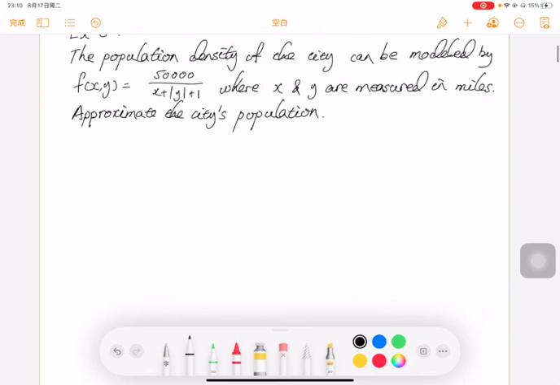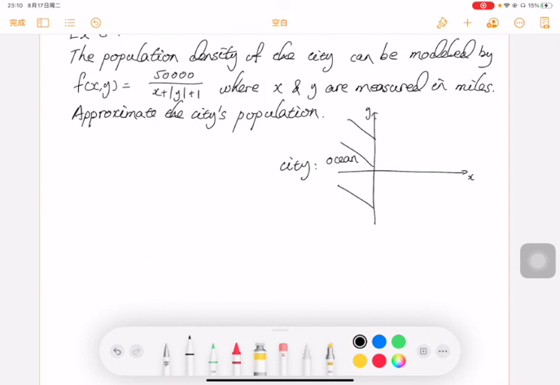And here is a diagram of the city. This is all ocean, so it's a beachside city, which is nice.